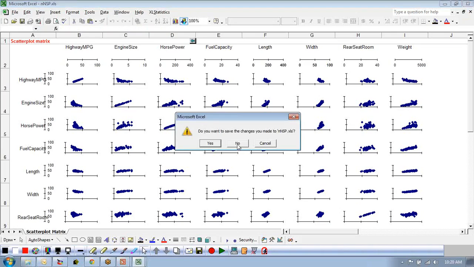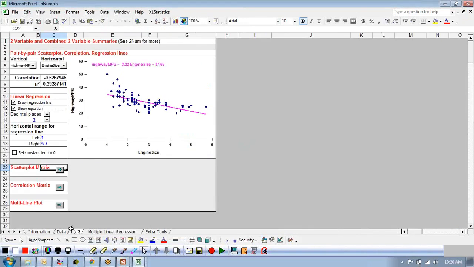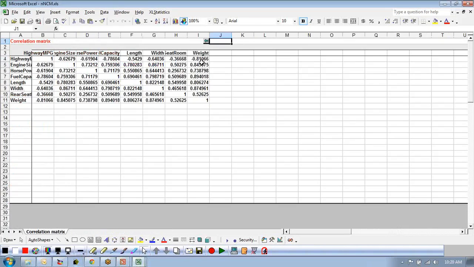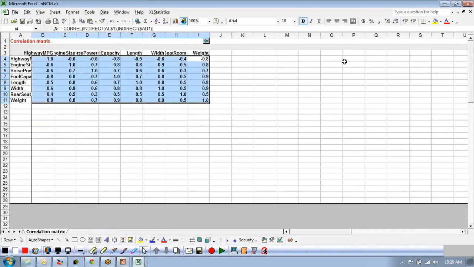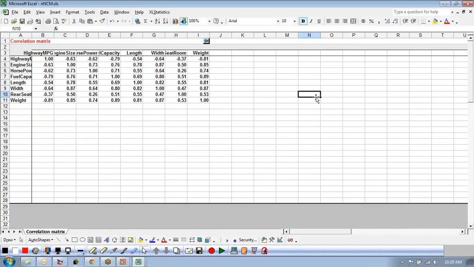Now, I'm going to get rid of this for a moment, but you know that I'm not a big correlation guy. But we can look at the correlation matrix here, and if I get rid of some of those decimal points, again, I'm not sure why they always give such huge numbers, but let's give 2. And if I look at this, I can scan through and find some fairly big correlations. There's a pretty big one.